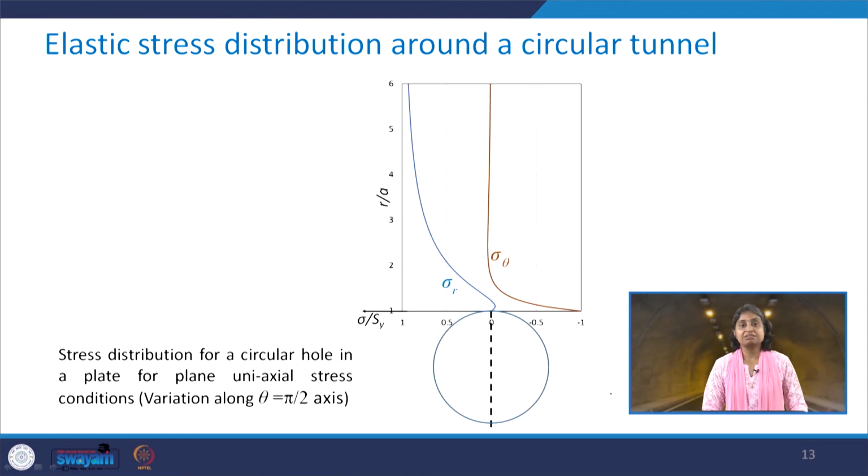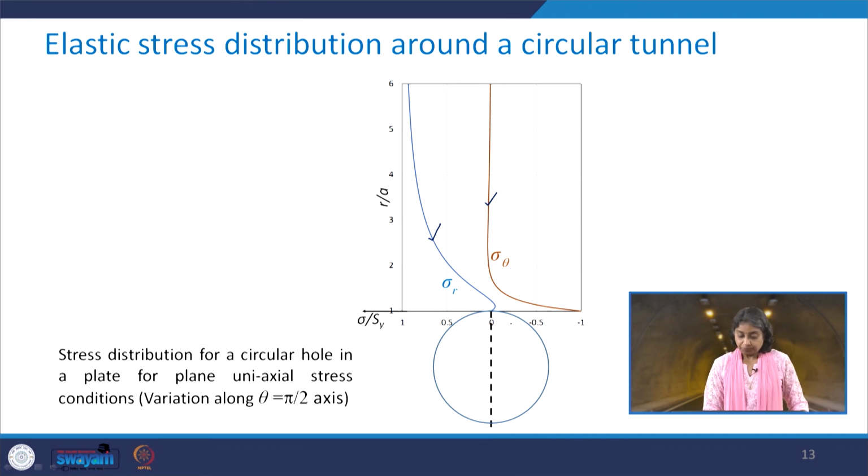Now, here we see the stress distribution with reference to the distance in the vertical direction, that is, away from the crown portion. You see that the sigma r variation is this and the sigma theta variation is this.